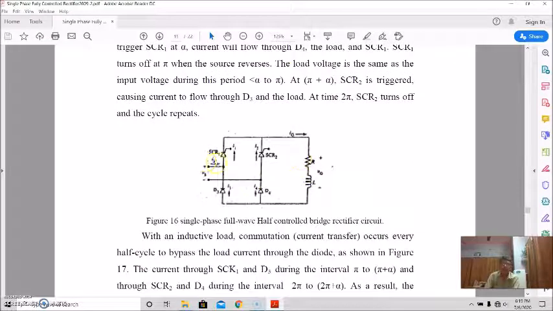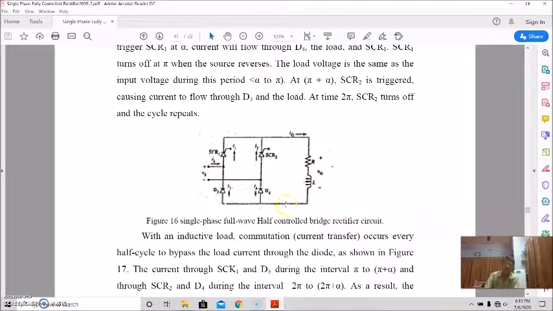See, this is the positive half cycle. Here SCR1 is fired at alpha equal to 0, and this is the flow of current.